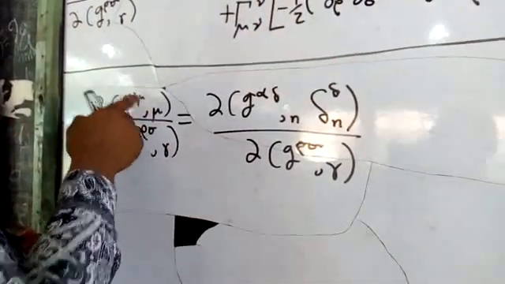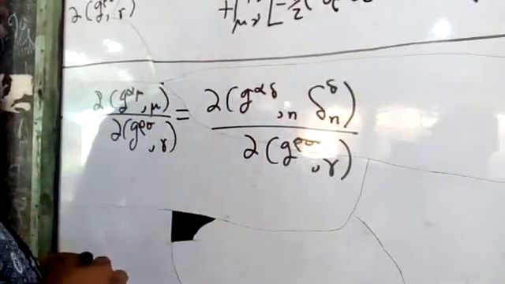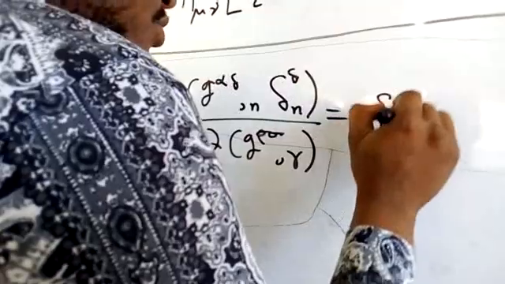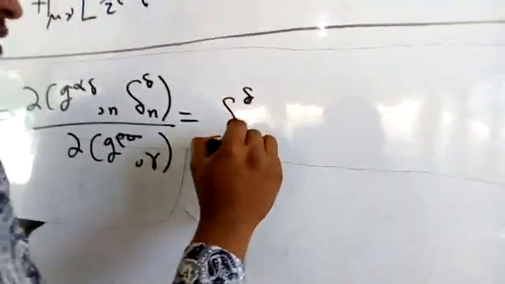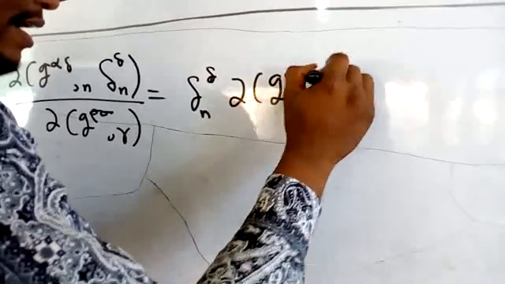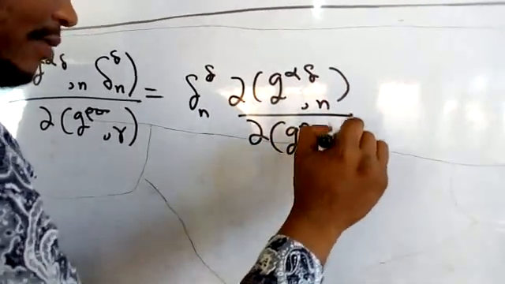It could have been anything else here so long as it's repeated, m and whatever, so long as it's repeated. So these two indices have to be equal. So let me just go straight ahead and say this then should be the same as that. And so I have here dg alpha delta comma n, dg here, rho sigma comma gamma.